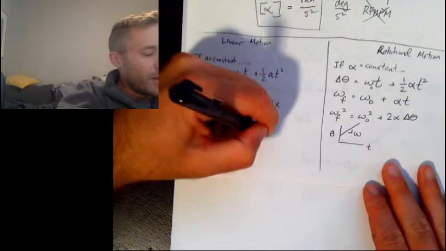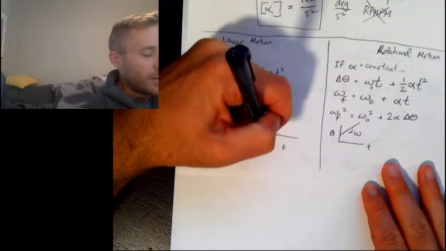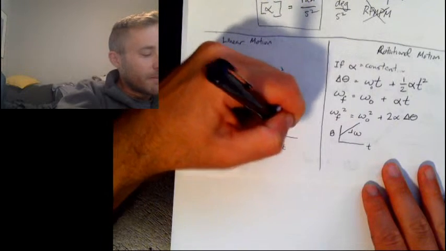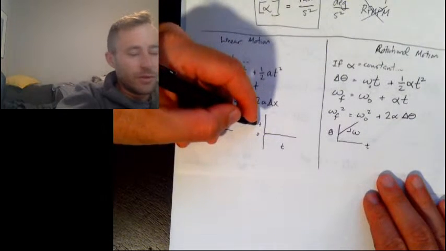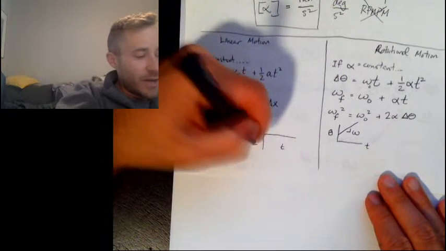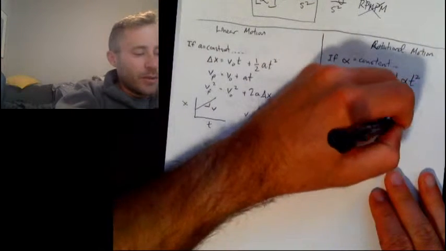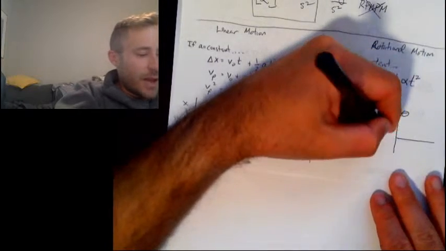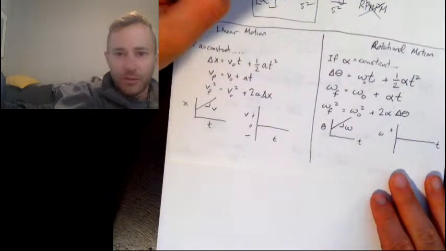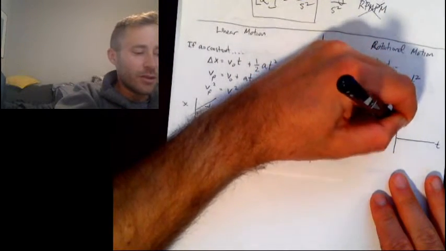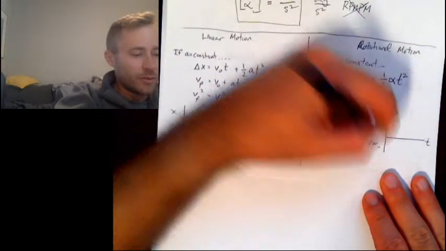If you have a linear velocity time graph, then to have a positive linear velocity means you're going to the right. To have a negative linear velocity means you're going to the left. If we had a graph of angular velocity versus time, a positive angular velocity means you're spinning counterclockwise. A negative angular velocity means you're spinning clockwise.